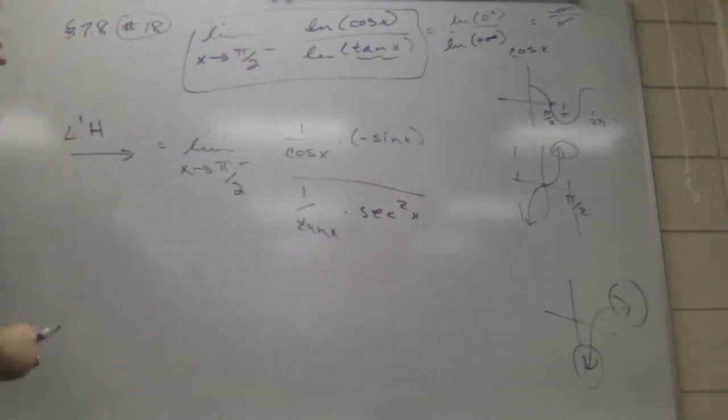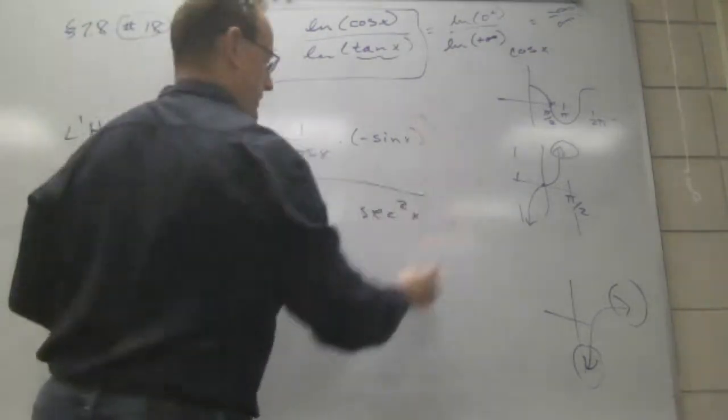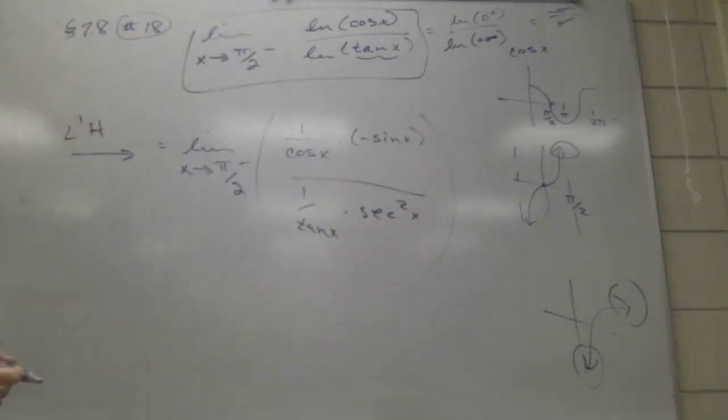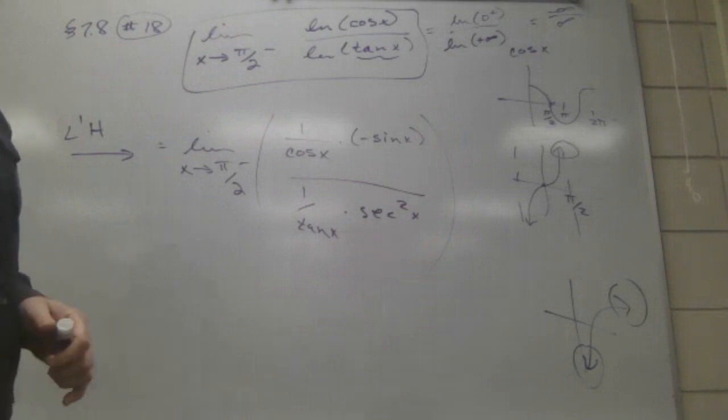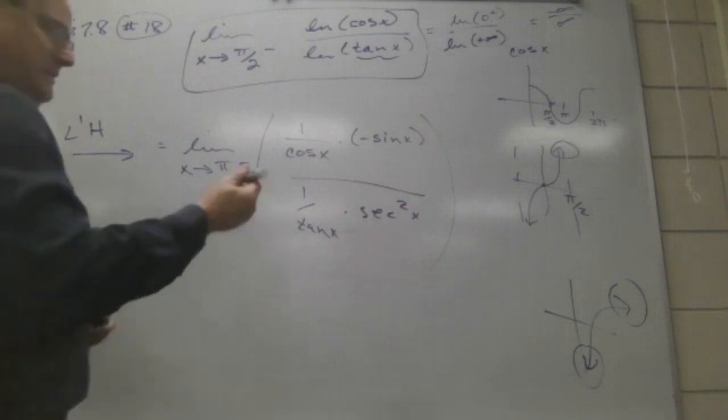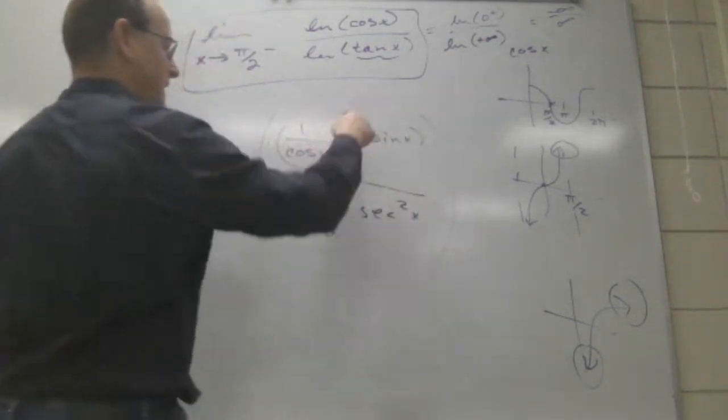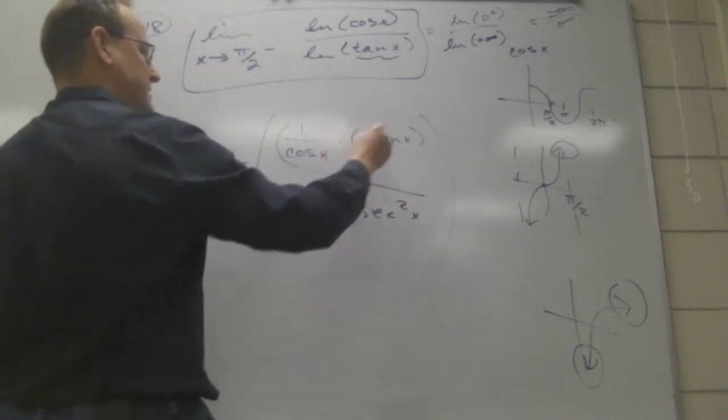Okay, now it looks like we need to do a little manipulation here. So on top, how can I rewrite that? This is negative tangent, right? So it's minus sine over cosine. Sine over cosine is tangent.